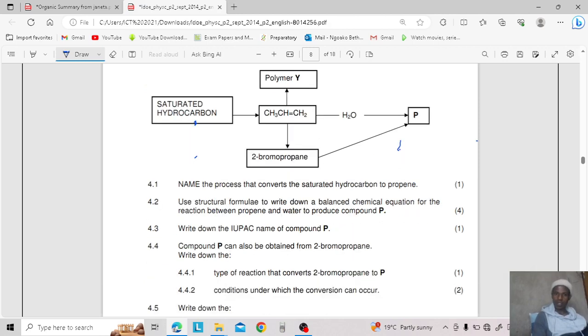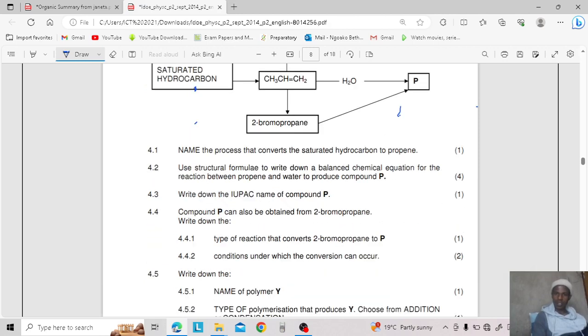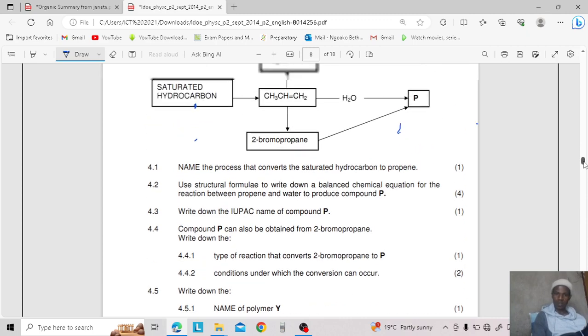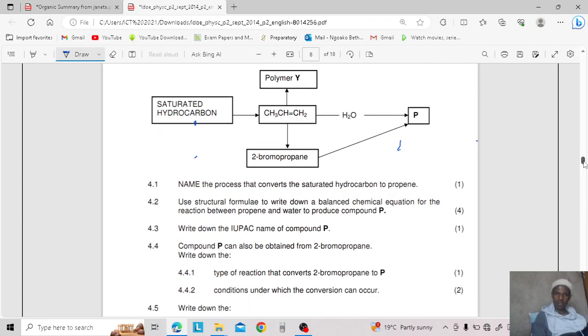You can pause the video and try it yourself, and then there are 11 marks, so you can pause the video and try them out. Then after that you can compare your answers and mine, then you can comment or ask in the comment section, then I'll check to review that. We're starting from here.